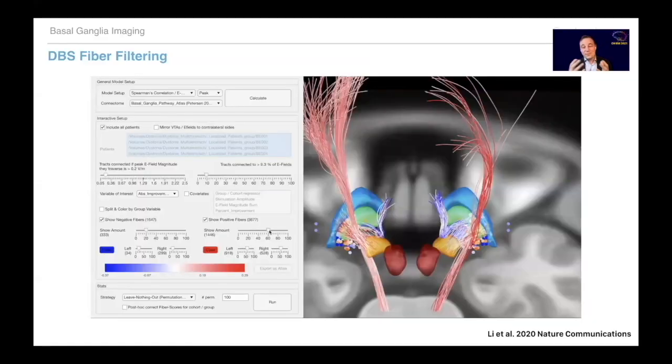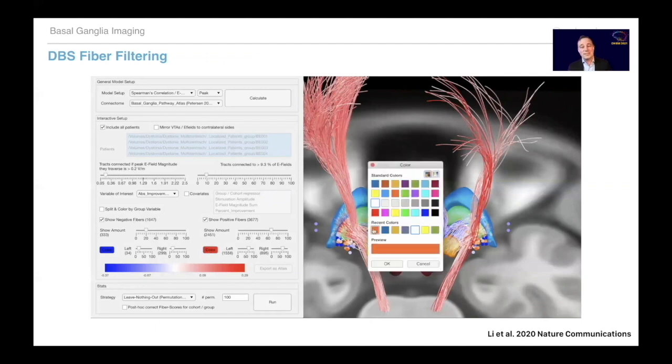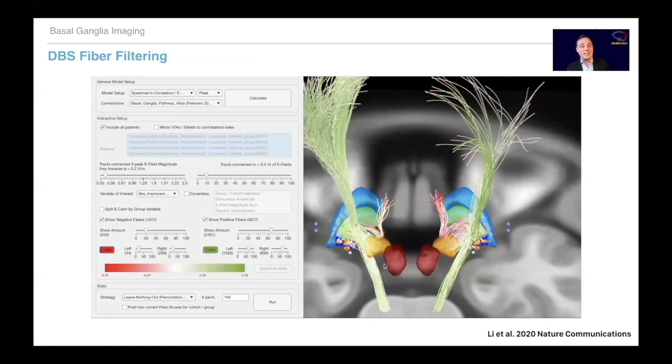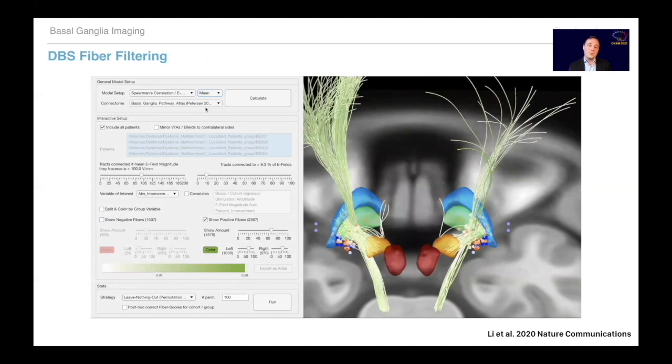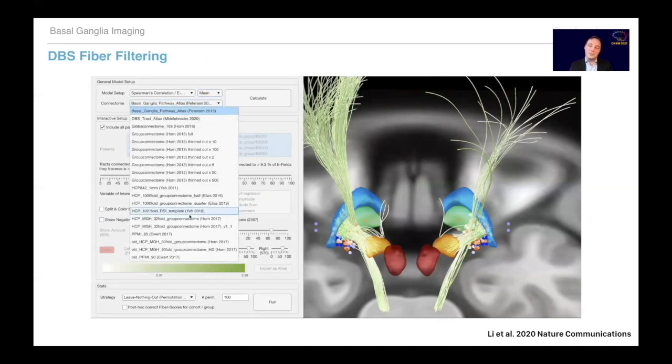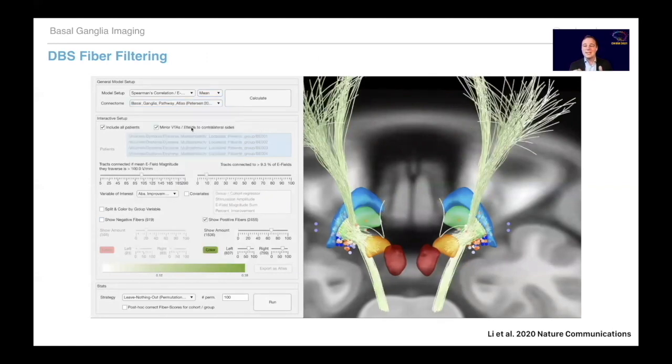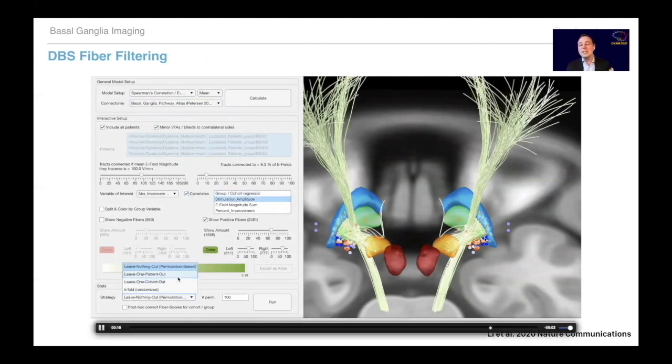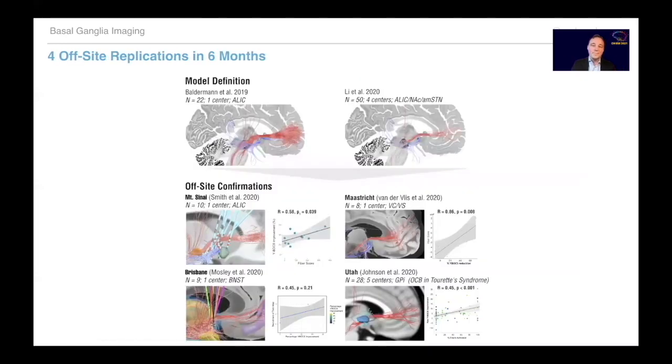We also use it to define optimal tracts, with a technique called DBS fiber filtering, where we attribute fiber tract activations to clinical outcomes. So we can filter which tracts were optimally engaged in the top responding patients. To name one example, in a larger cohort of 50 patients with obsessive compulsive disorder, we found that if you modulate this tract, patients get better.